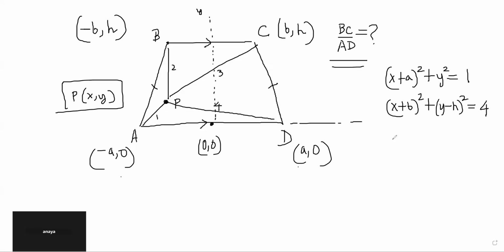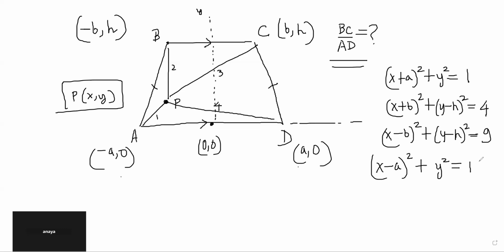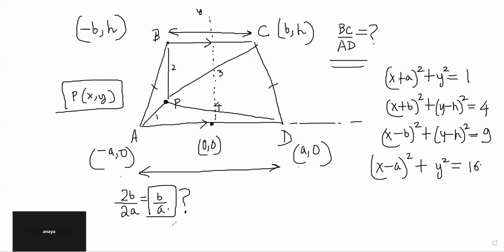From PC, I can say x minus b whole square plus y minus h whole square is 9. And from PD, I can say x minus a whole square plus y square is equal to 16. Our job is to find BC by AD, which is actually 2b by 2a. Our job is to find simply the ratio of b by a.